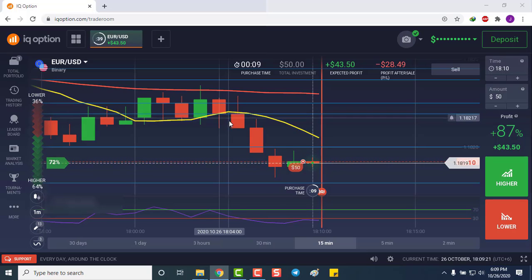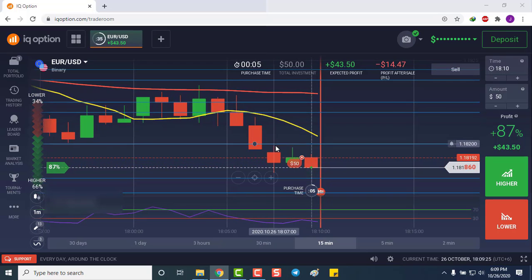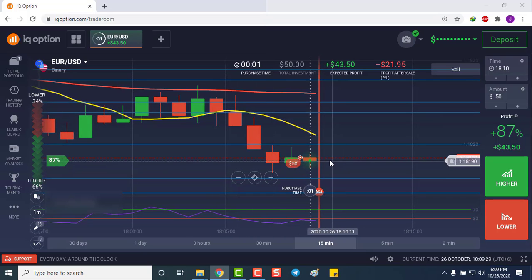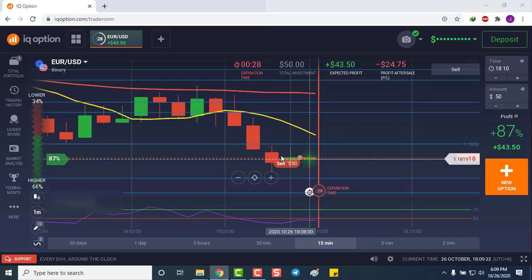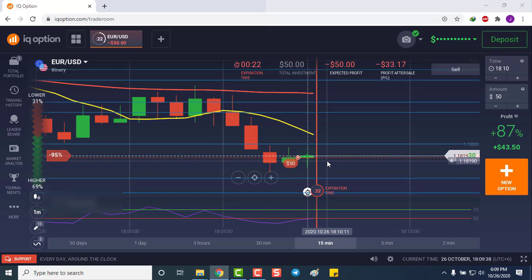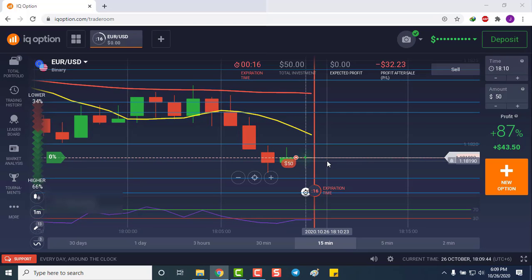But we can see a bearish momentum here, and each candle has sellers' rejection. So we can say that this inverted hammer candle can't stop the sellers' force, and this candle will form as a bearish candle. I'm sure this candle will form as a bearish candle and we will win our trade.